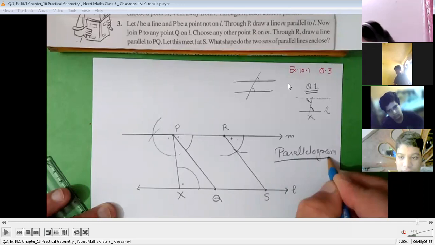Step 7 written: through R, draw RS parallel to PQ such that it meets L at S.